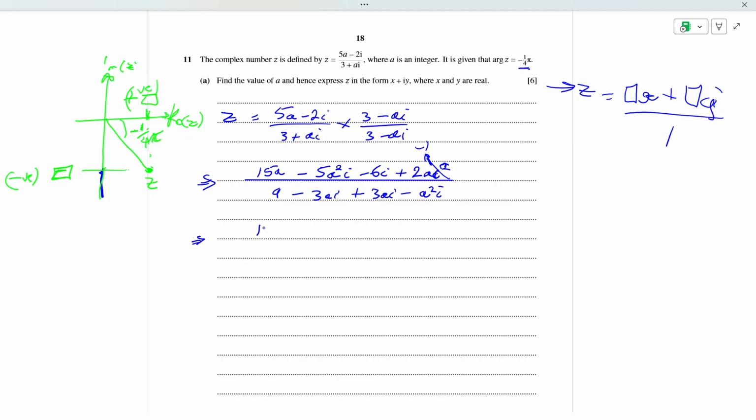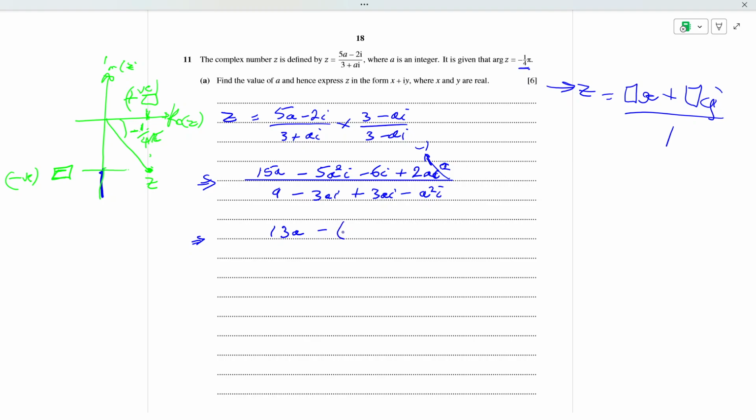Thus we have 15a minus 2a, that will give us 13a, minus, we collect like terms for the i. We factor out the minus from 5a squared i and 6i.